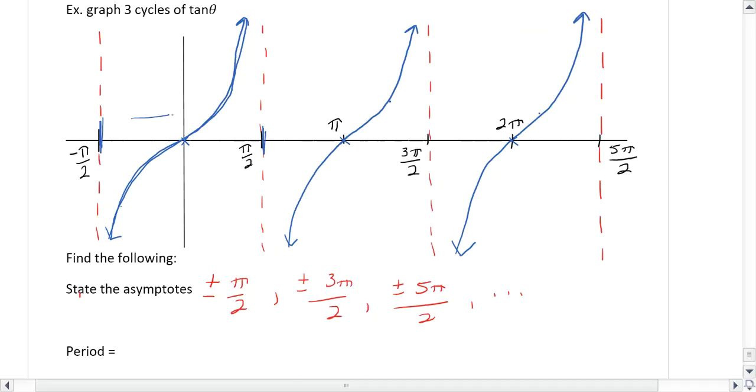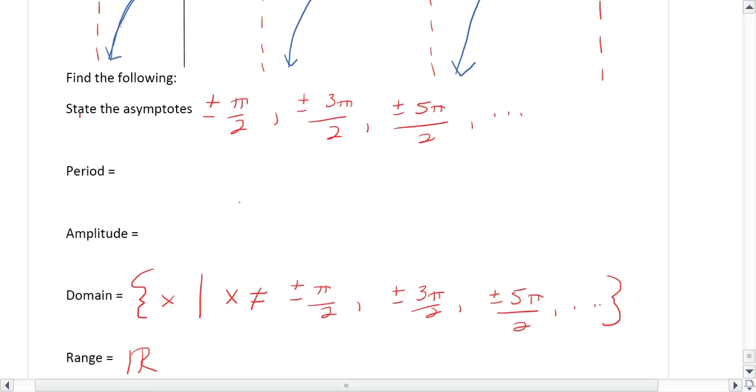And so how wide is this across here? Well, pi over 2 plus pi over 2 is pi. So the period of the tangent is pi. And the amplitude, well, how do we do half the height if it's going on for infinity? We just say none. There is no amplitude.